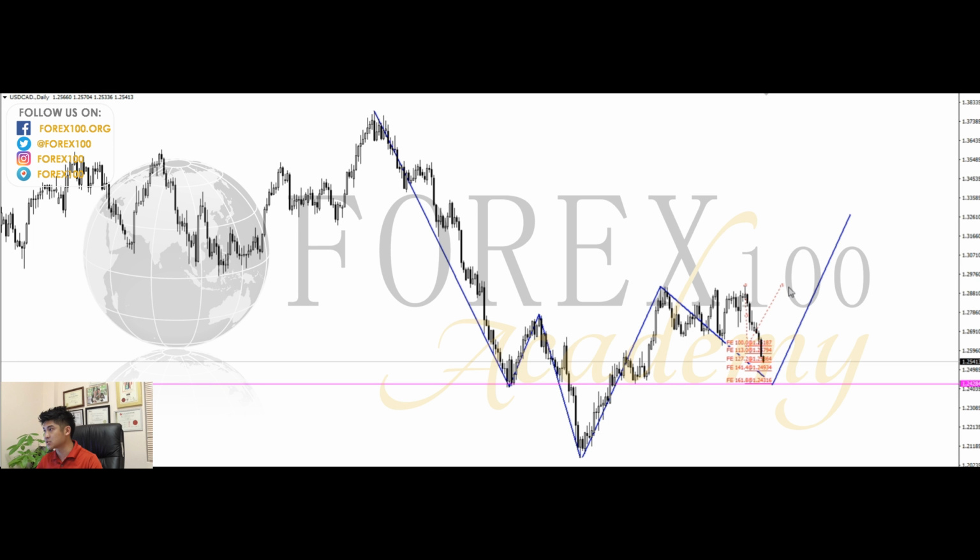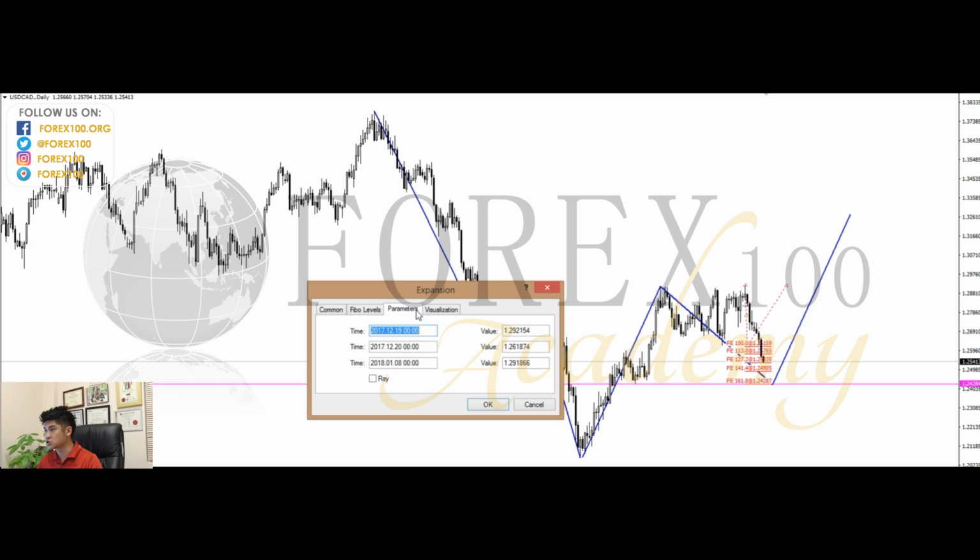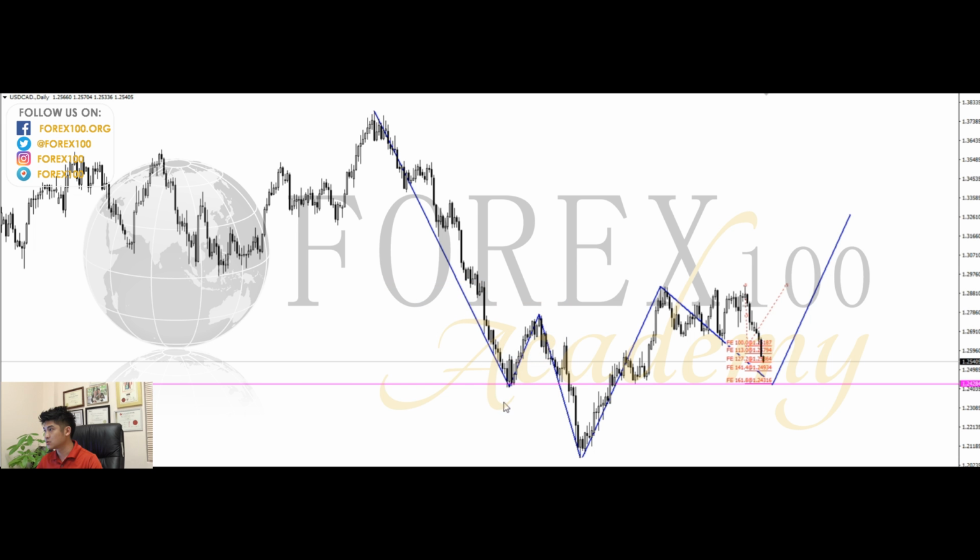So once I inverted, what do I see? Accidentally shifted it, so please allow me. What do I see? Market came back to 1.2431, which is around 3 pips away from the level that I have plotted my support line over here based on the structure.